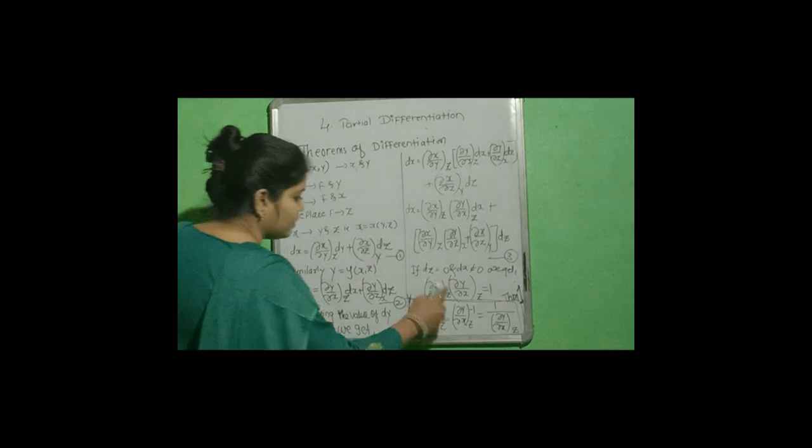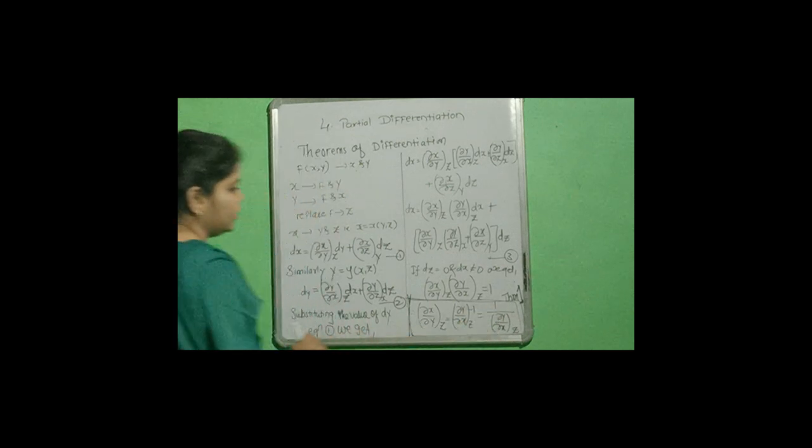The relation given by this equation, that is theorem 1, is also known as the reciprocity relation, and it holds good provided both the partial derivatives exist and neither is equal to 0. Only then will these theorems hold good.